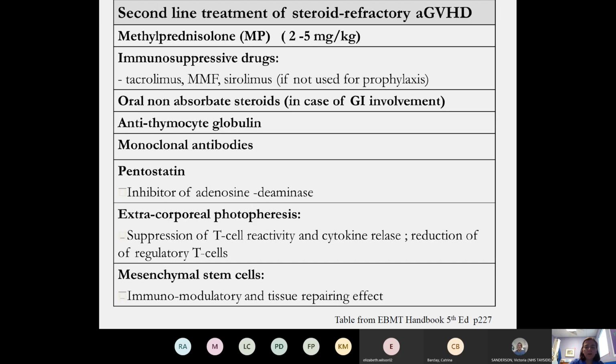We might give locally absorbed steroids in the case of GI involvement. We might decide to use ATG, Campath, monoclonal antibodies like rituximab. We fairly commonly use extracorporeal photopheresis, and that's a non-immunosuppressive technique where you basically apherese the patient.